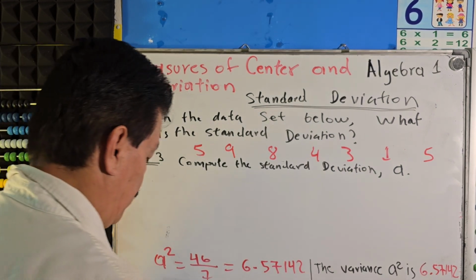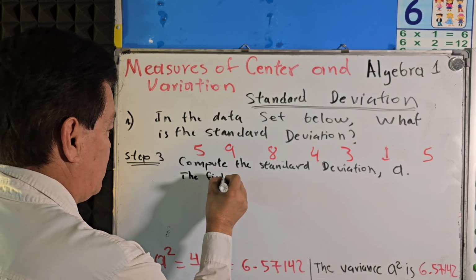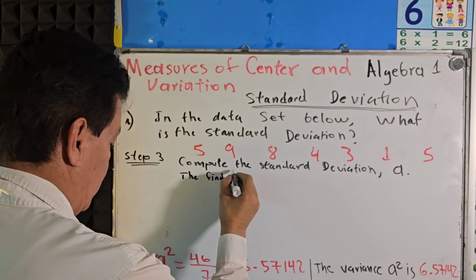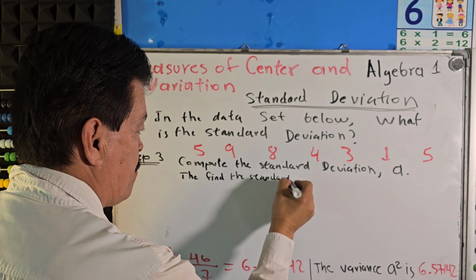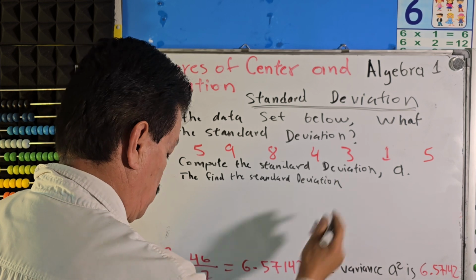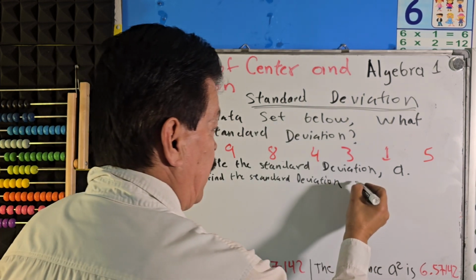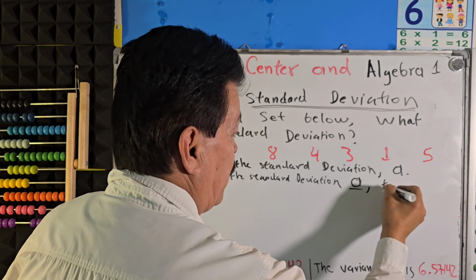To find the standard deviation, remember, take the square root of the variance.